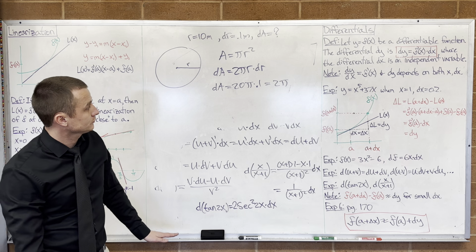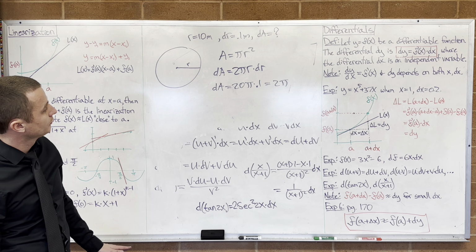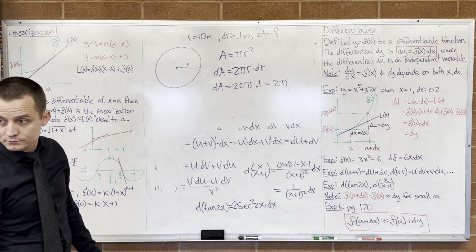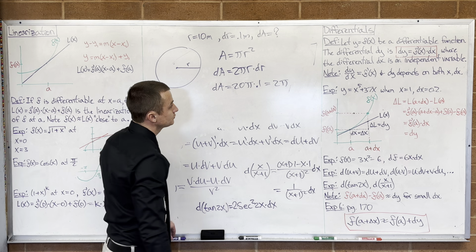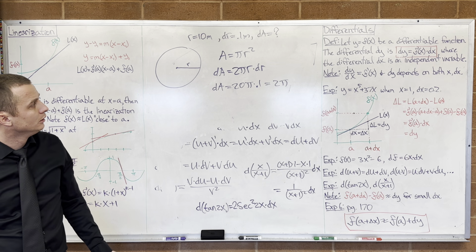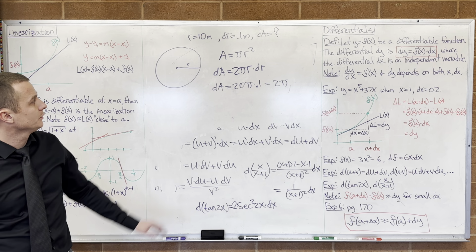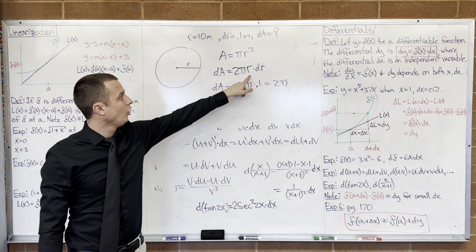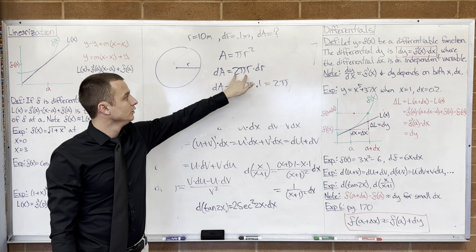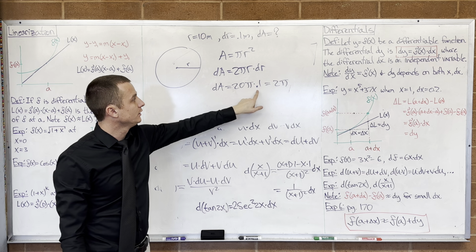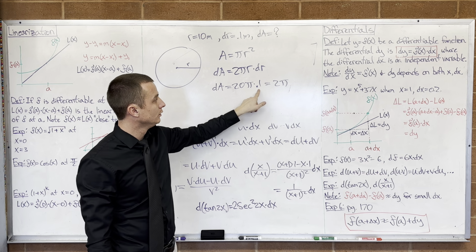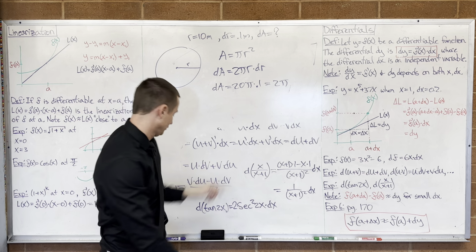Why is that not precisely how much the area changed? Did I mess something up? How did you get 2 pi? Our r was 10, so that makes 20 pi, times dr was 0.1.